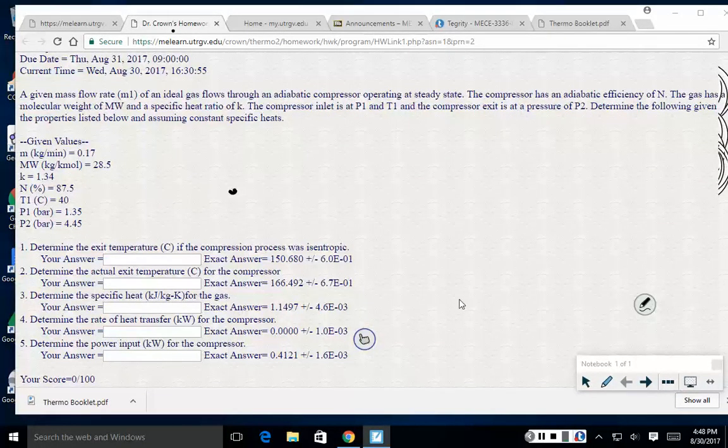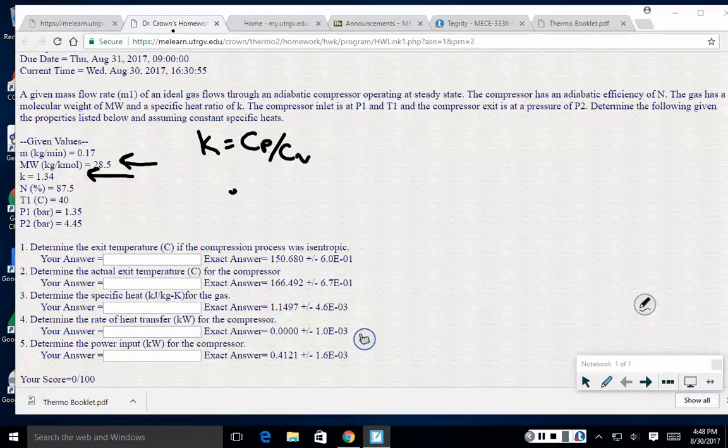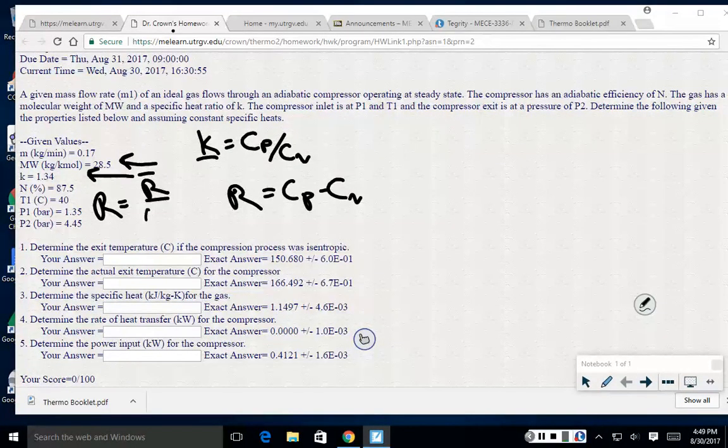I was told what R is, or actually molecular weight, and the specific heat ratio. So k equals Cp over Cv, and R equals Cp minus Cv. And I have a value for k. R equals R bar divided by the molecular weight.